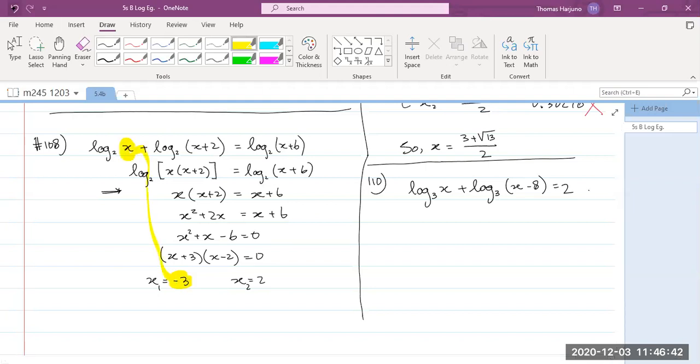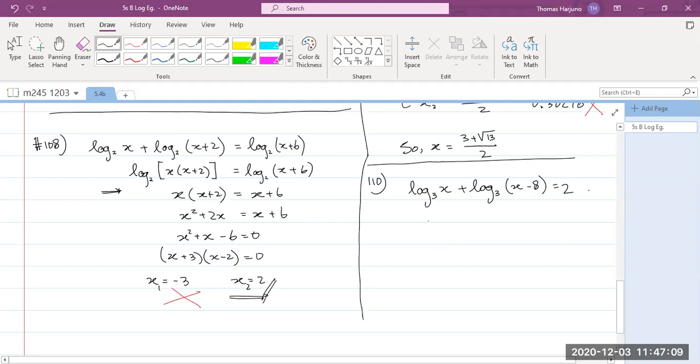So I have to reject that one. How about 2? When I plug in 2, I think 2 is okay for this. Positive 2, positive 4, positive 8. Okay, so 2 is okay. I will just underline it to say that's the answer. But don't forget, you need to cross out the one you reject. Okay, that's for number 108.